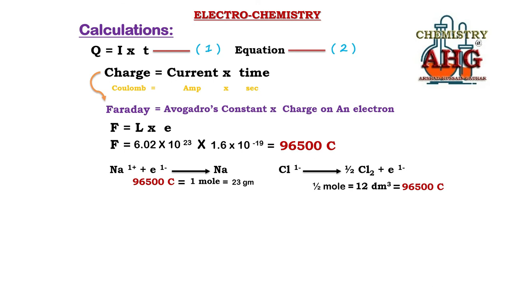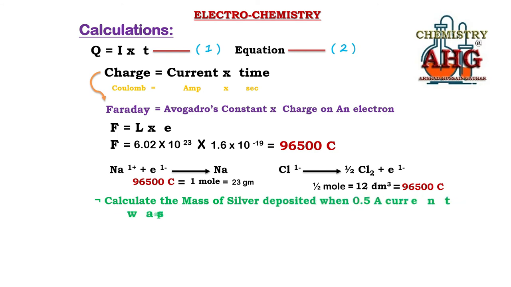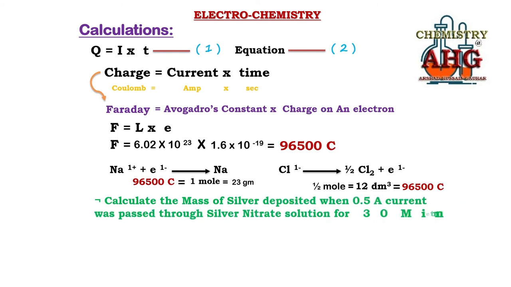Look at the simplest question I'm going to start with. It is to calculate the mass of silver deposited. Since silver is a metal, obviously silver would have to undergo reduction. But look at the information available in the question. You have been given both current and time, so it means you will start solving this numerical problem by using the step 1 formula, Q is equal to IT, since both time and current are available.